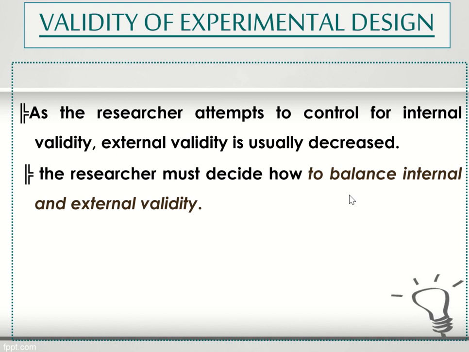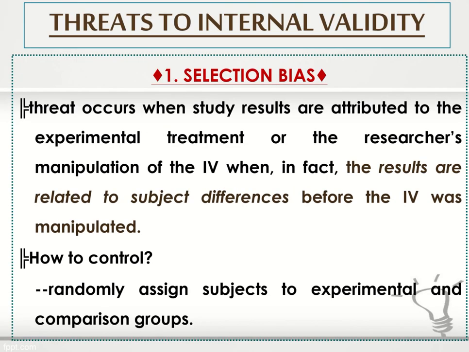So therefore, the researcher must decide how to balance internal and external validity. Before we discuss the different experimental designs, threats to internal and external validity are addressed so we can better determine the strengths and weaknesses of the various designs as we discuss them in this lesson.